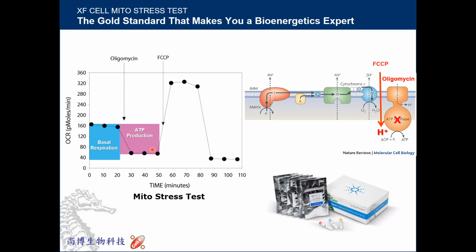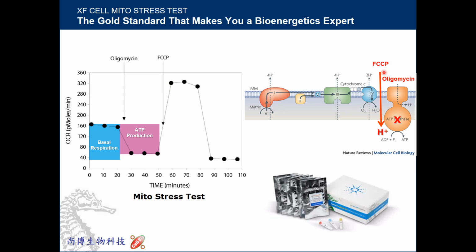And then the second drug is FCCP. It is an uncoupler. It will bring the proton to the matrix, and it will participate in the oxygen consumption. But you need to know, we need to test the best concentration of FCCP. If the concentration of FCCP is too low, you will not have enough proton to increase your oxygen consumption rate.